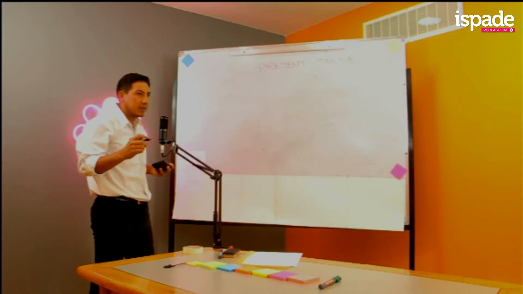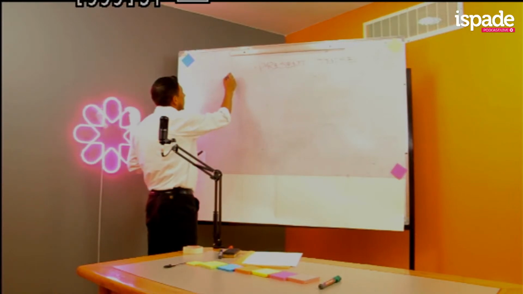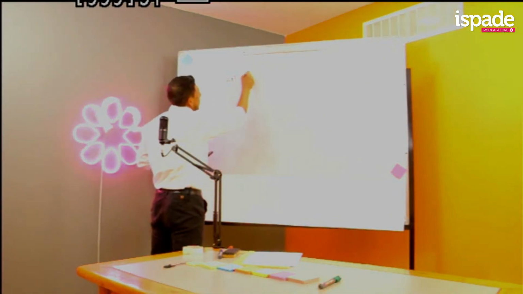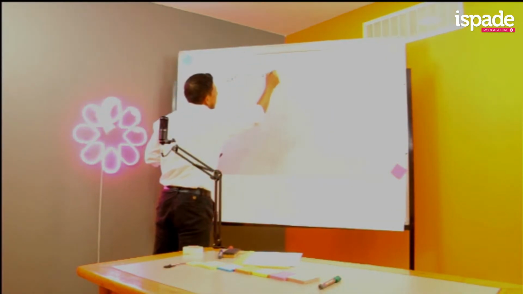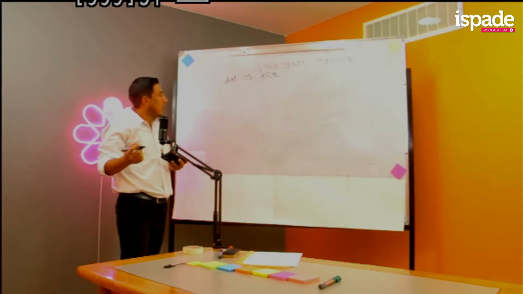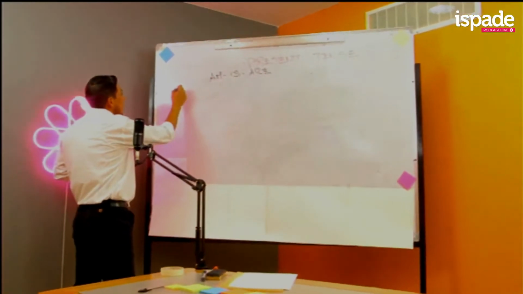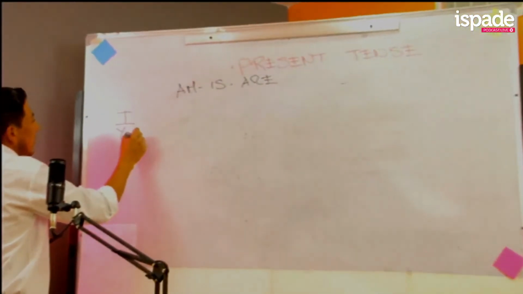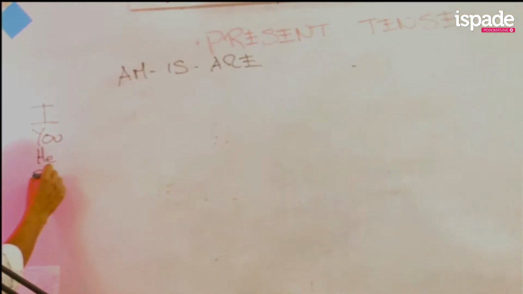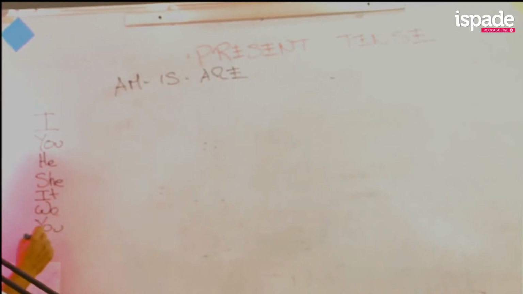The verb to be is called am is are, which is the verb ser o estar. Am is are. So, for this we are going to use the subject. Which are the subjects? I, you, he, she, it, we, you, they.